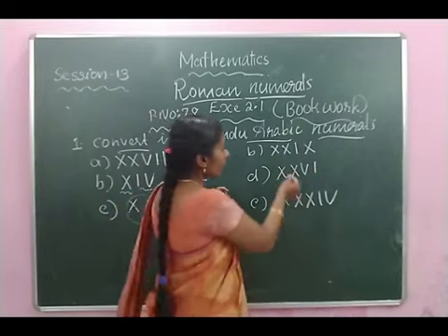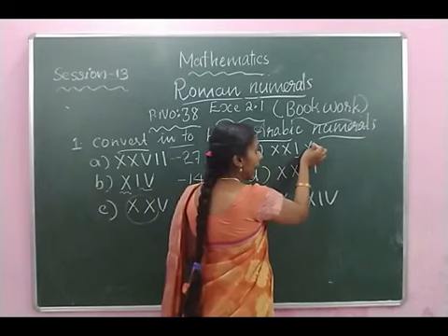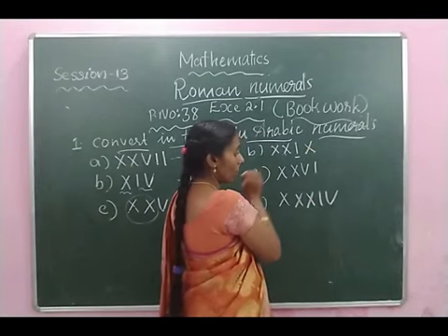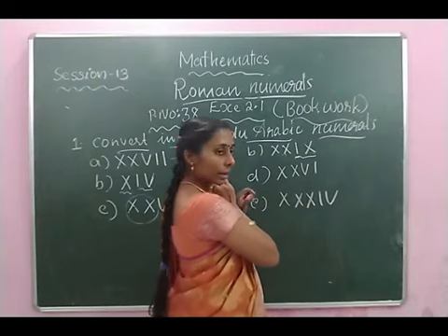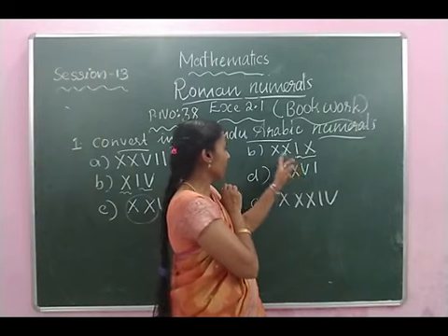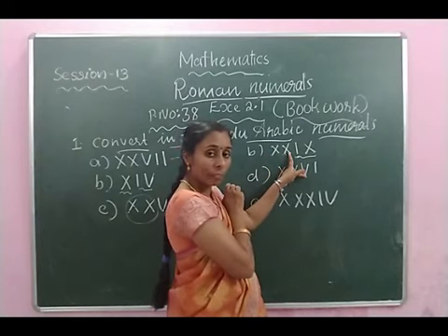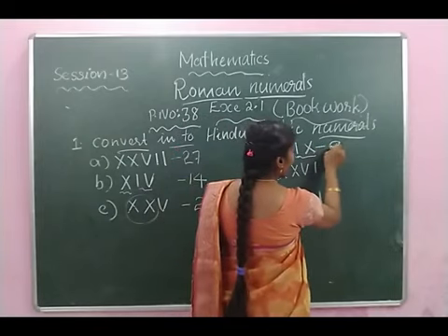Then here I comes between these two X, so X minus I, 10 minus 1 is equal to 9. 20 plus 9, 29.